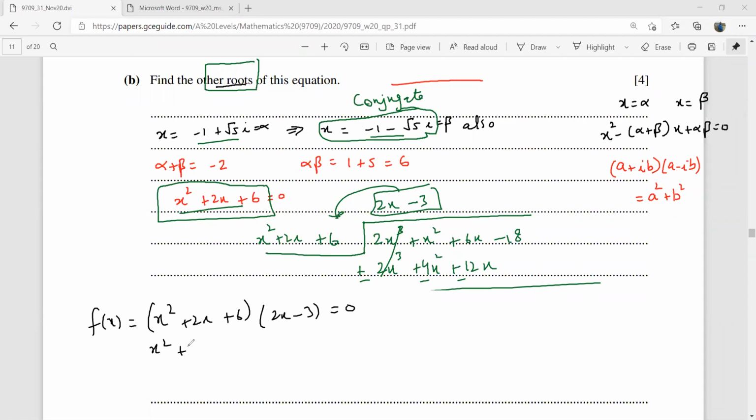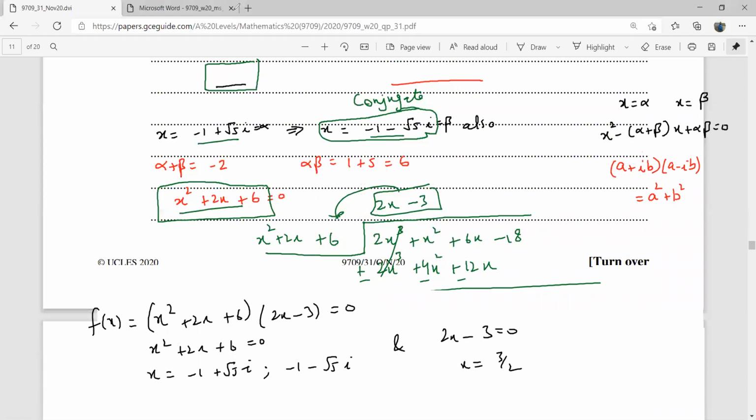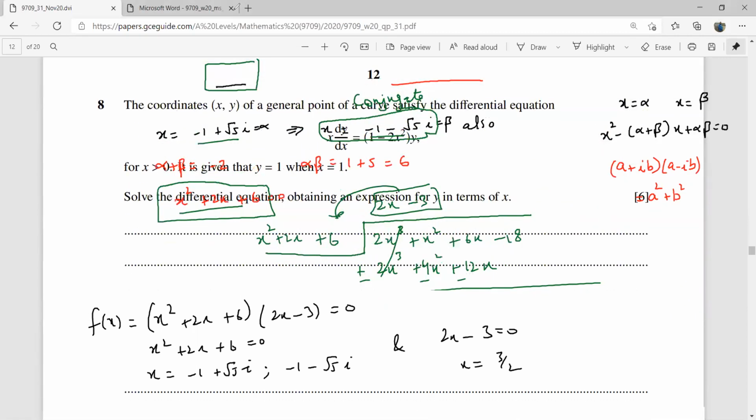So x square plus 2x plus 6 equal to 0 gives us x equal to minus 1 plus under root 5 iota, minus 1 minus under root 5 iota, and 2x minus 3 equal to 0 gives you x equal to 3 over 2. That is the third root of this equation. Okay? So I move to the next question. Question number 8.